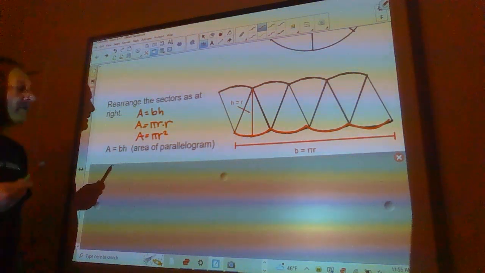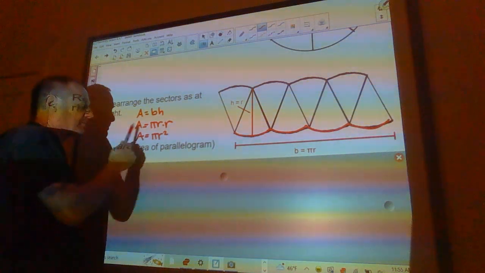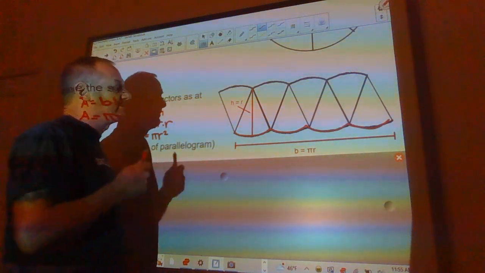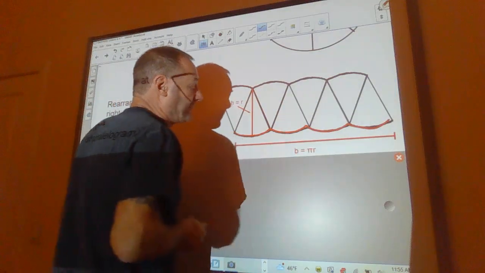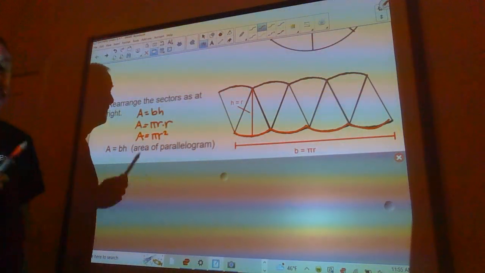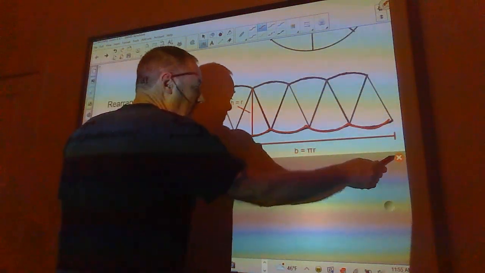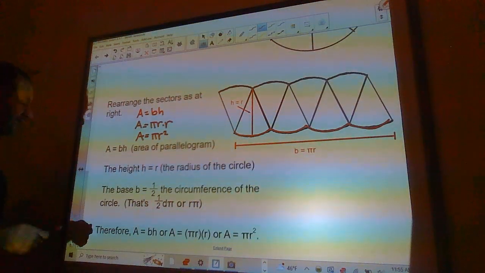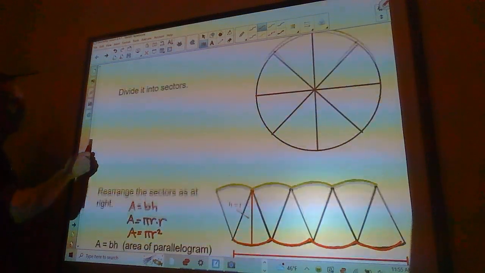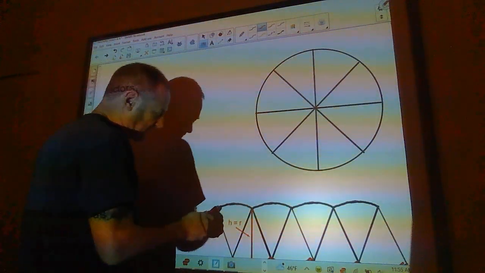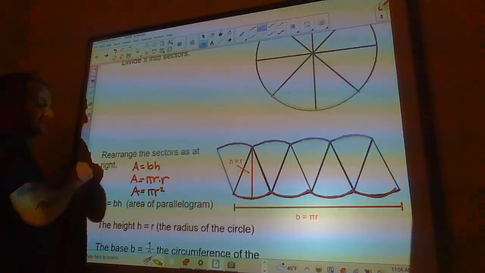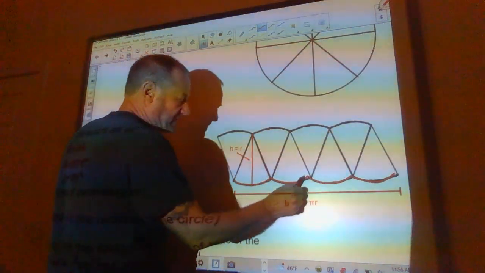Okay, now that's the area formula for a circle, but you might say, yeah, that's great and everything, except this is not really a parallelogram, and you would be right. If you look at this thing, it's not a parallelogram because this is not a straight side.